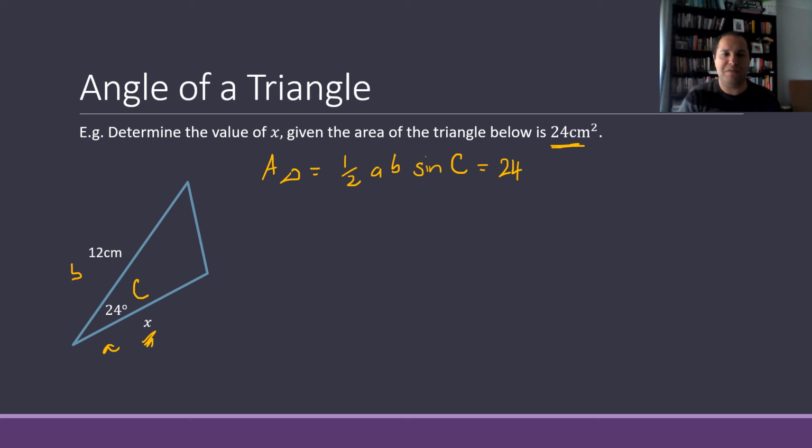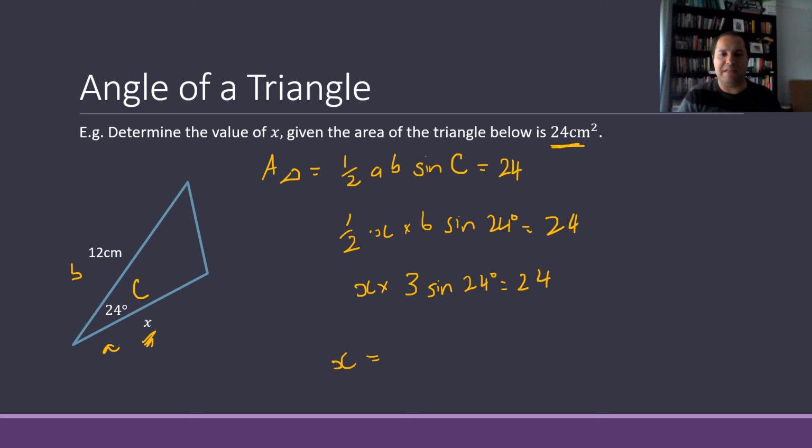Substituting in our values, half x times 6 times sine 24 degrees equals 24. Half of 6 is 3, so x times 3 sine 24 degrees equals 24.